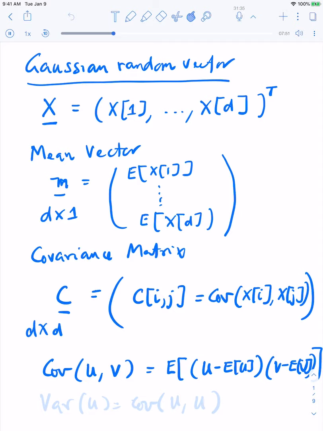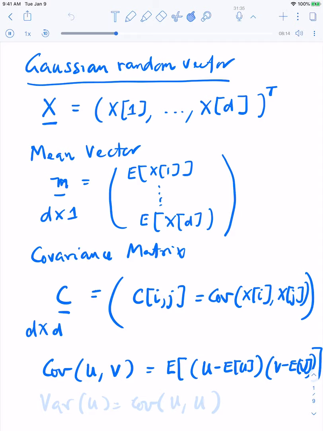So you can see that certain properties of covariance fall out immediately. Like if I add 10 to u and 20 to v, they would not change the covariance, because the 10 would become part of the expected value of u and it would get subtracted out, and the 20 would become part of the expected value of v and it gets subtracted out.